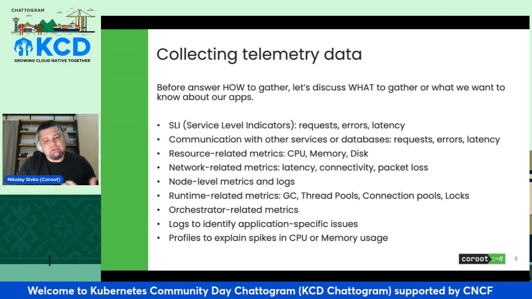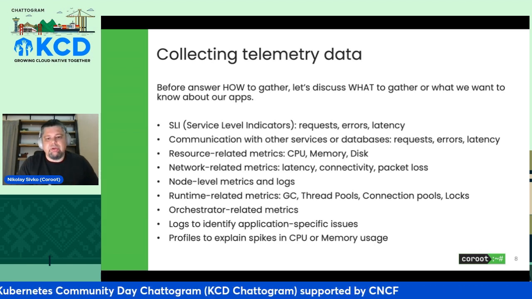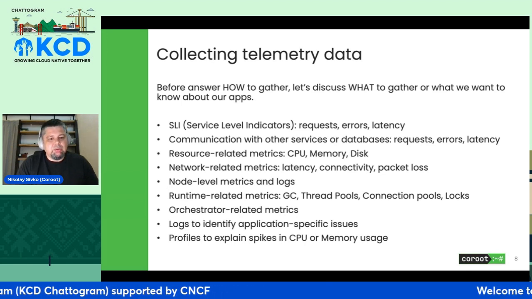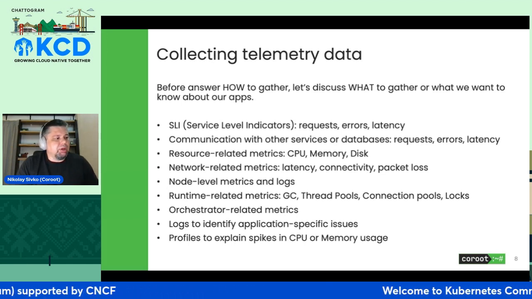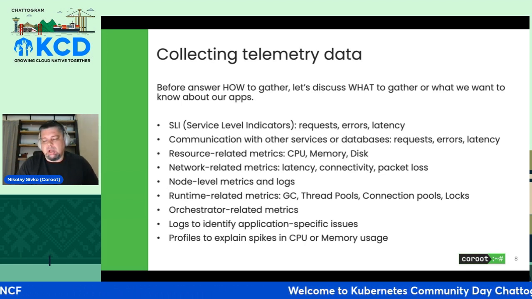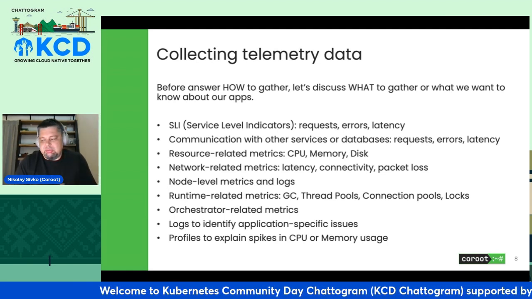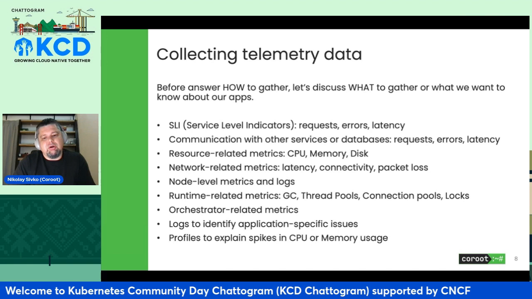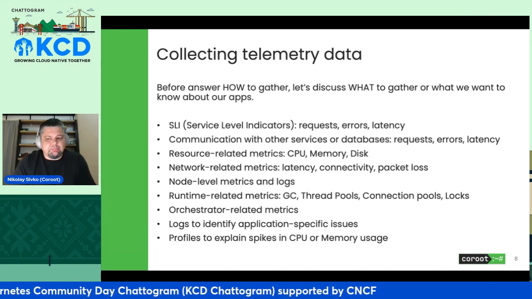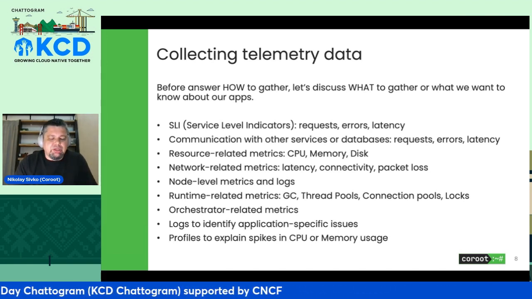We should understand the runtime environment such as JVM or .NET runtime or Golang runtime. We should also understand if we have any issues with placement, like orchestrator-related metrics such as status of our applications, like are there any pending pods and so on.